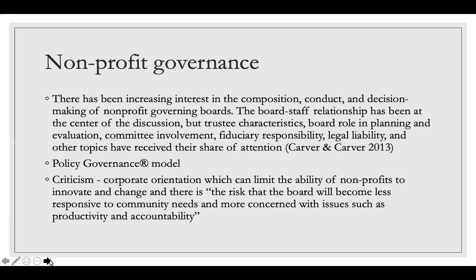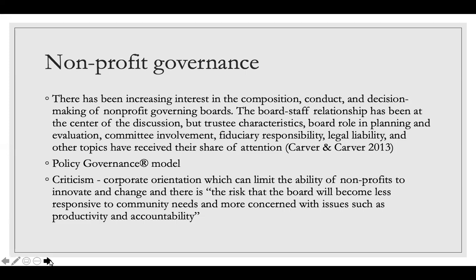So, in terms of the theory, one of the primary models, if you want to call it a model, is the policy governance model, which is trademarked and owned by a couple, Carver and Carver, John Carver, and I believe it's his wife.